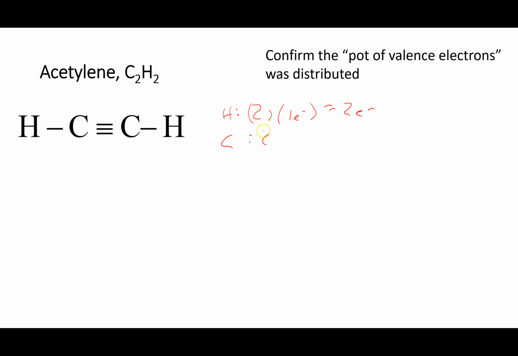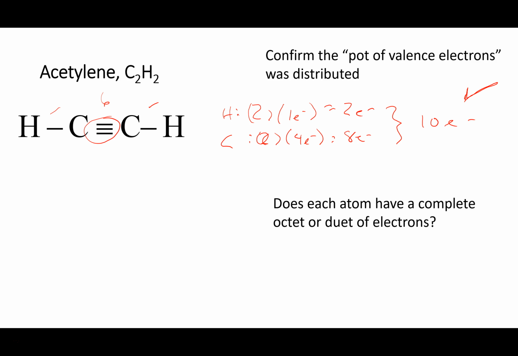Carbon, there's 2 carbon atoms. You told me 4 valence electrons there, so 8 valence electrons for them, 10 electrons collectively. How many electrons are there in that triple bond? Yep, there are 6. So I got 6, 8, 10. So I do have 10 electrons on my final Lewis structure. And they each have a complete octet.